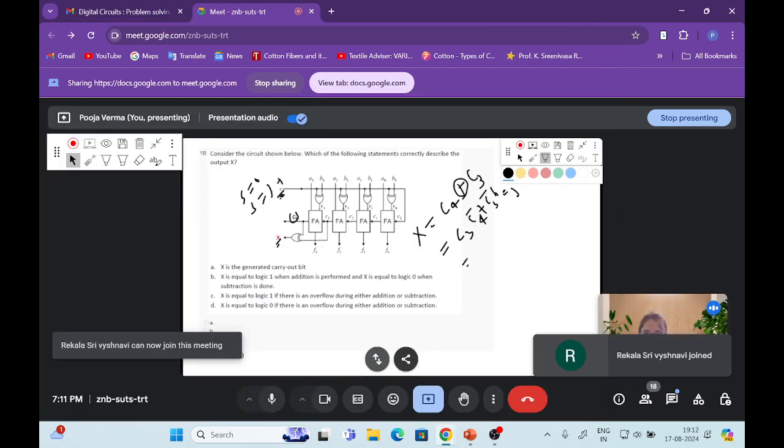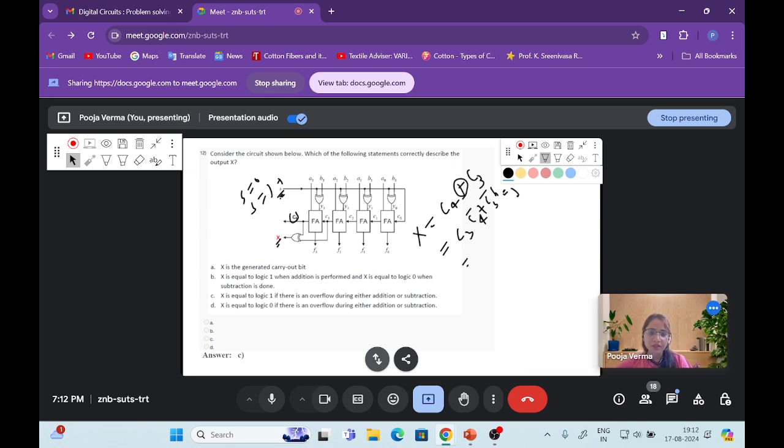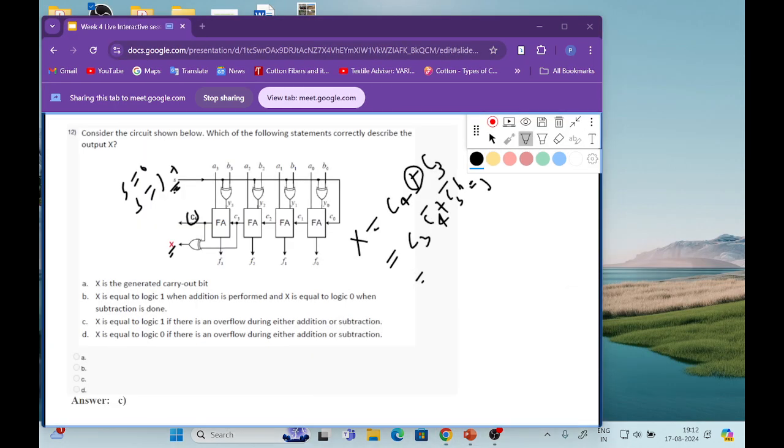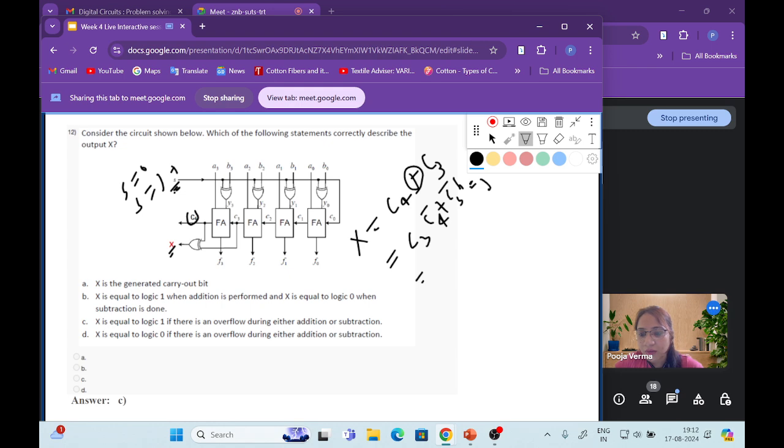The next option is x is equal to logic 1 when addition is performed, and x is equal to logic 0 when subtraction is performed. So let's check it. If s is equal to 0, then we have said that addition will be performed. So a3 b3 is given to the adder, and the output is represented by f3.